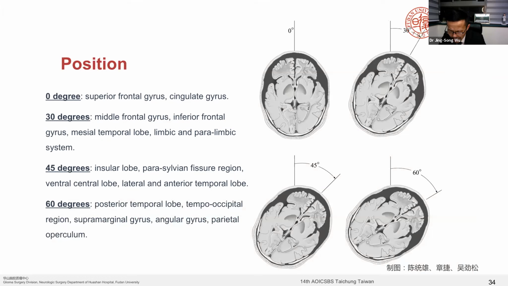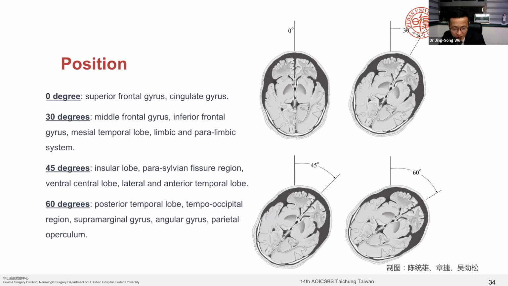We will put a pillow under the shoulder, with the head rotated to the right side corresponding to different areas during the operation. For example, 0 degrees for superior frontal gyrus and cingulate gyrus, 30 degrees for middle frontal and inferior frontal gyrus, as well as for mesotemporal limbic paralimbic system.